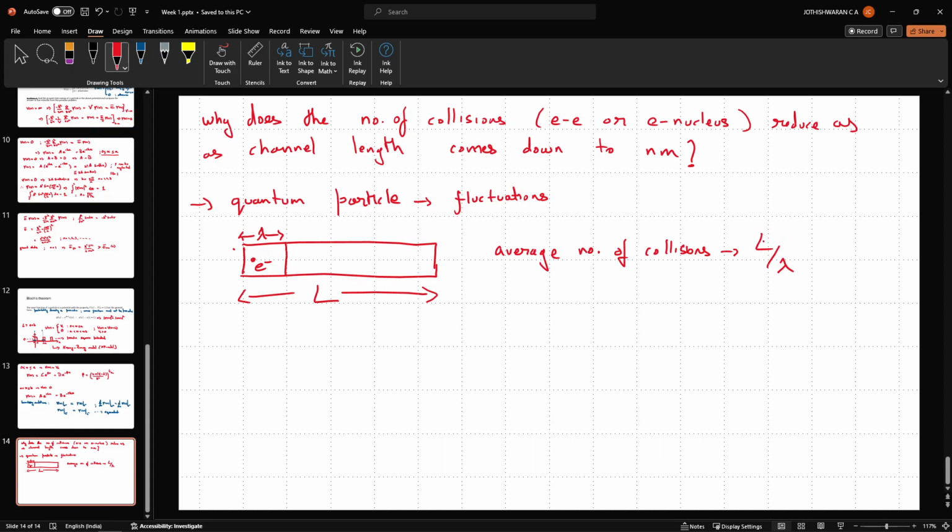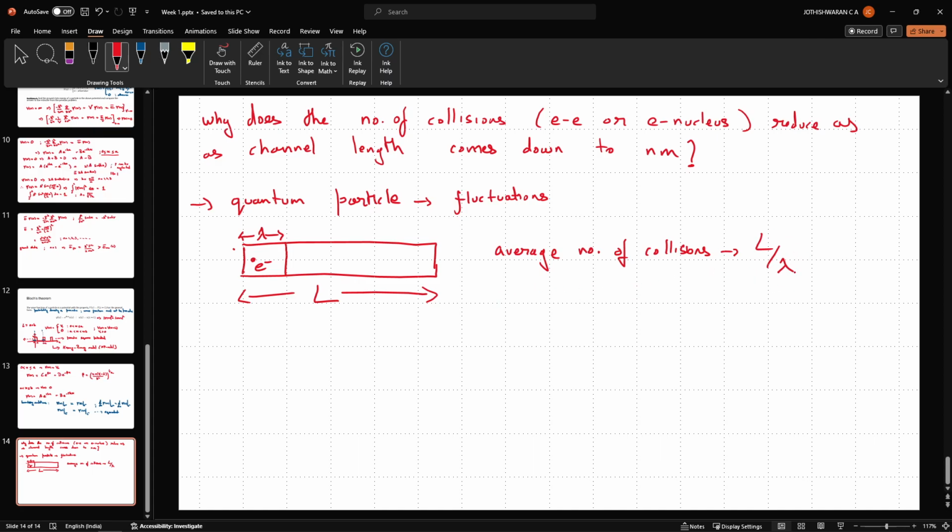So when this L is very large compared to this quantity lambda, then the electron is experiencing a lot of collisions. It just implies that it encounters a lot of collisions.